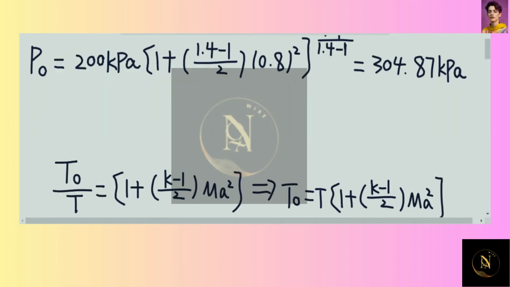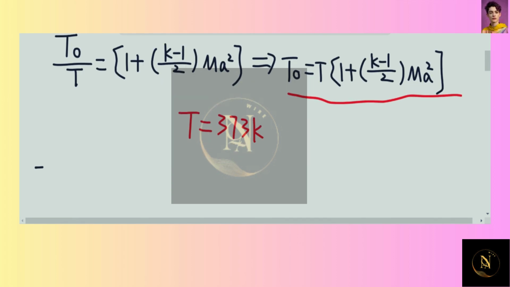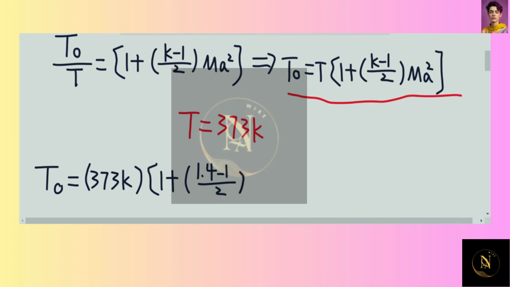Okay, so now let's take a look at the stagnation temperature. We have T0 is equal to T times 1 plus (K minus 1) over 2 times Ma squared. We know the temperature is given as 373 Kelvin, which is 100 degrees Celsius. So let's plug back into the equation to determine the stagnation temperature, which is equal to 373 Kelvin multiplied by 1 plus (1.4 minus 1) over 2 times 0.8 to the power 2.